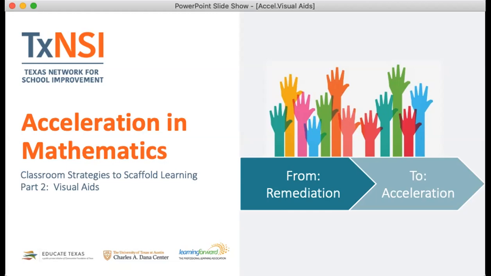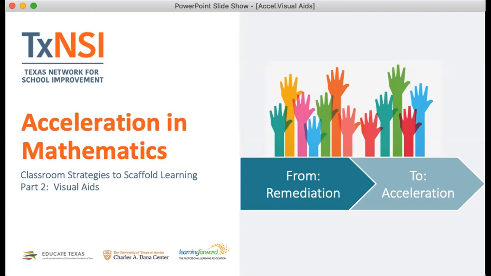We're moving away from that and towards acceleration, which is, yes, we need to review them, but we want to review them while we are still working on grade level material. So it's that just-in-time remediation.